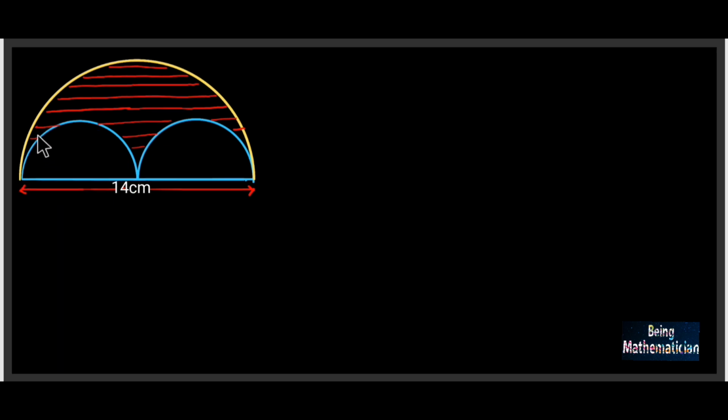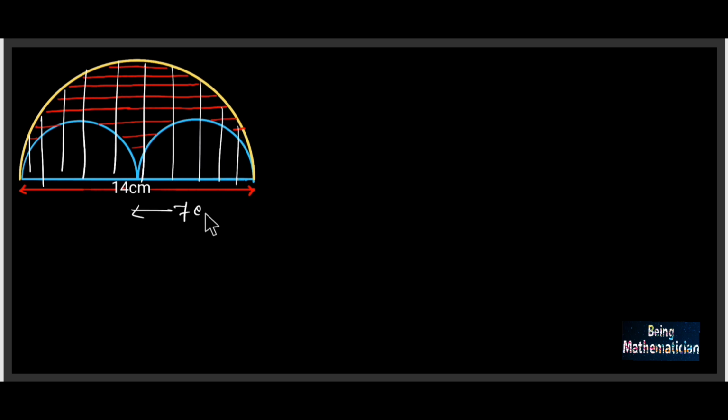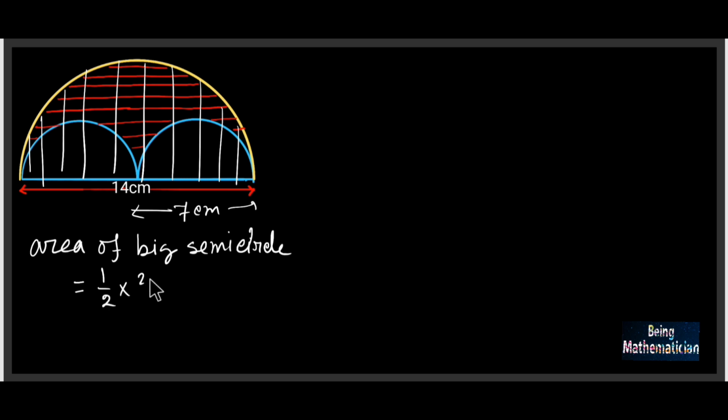Now let's calculate the area of this big semicircle, which has the radius of 7 centimeter. So the area of the big semicircle is equal to 1 by 2 into 22 by 7 into 7 into 7, which is equal to 77 centimeter square.